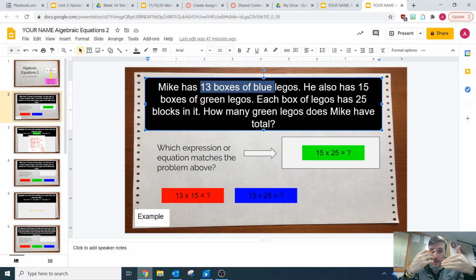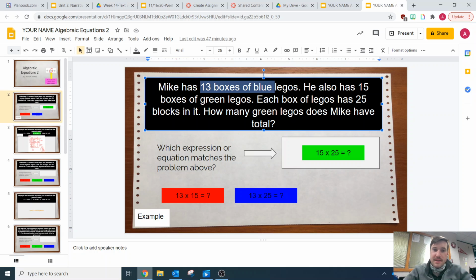Because this question is only asking me about green Legos, I don't need to worry about the number that he has of blue Legos because the question's not calling for it. That's information that I might be able to figure out, but I don't have to. The question isn't asking me to solve that. So here I'm only concerned with his number of green Legos.